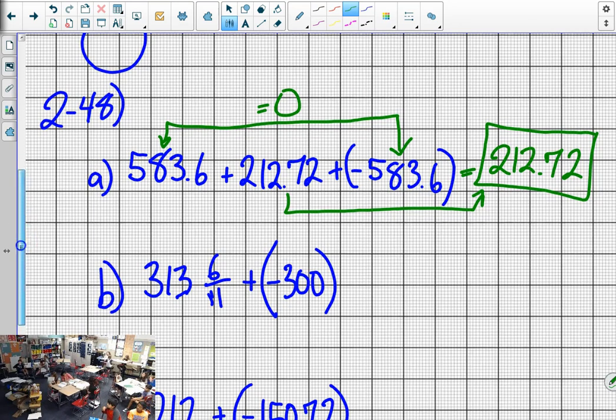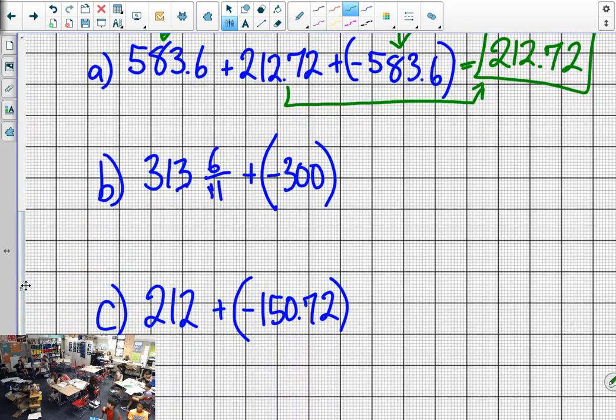But then in B, not as easy. So, actually, we'll go Alex Koenig then. Have you guys gotten to B yet? What did you guys do in B to think about this?